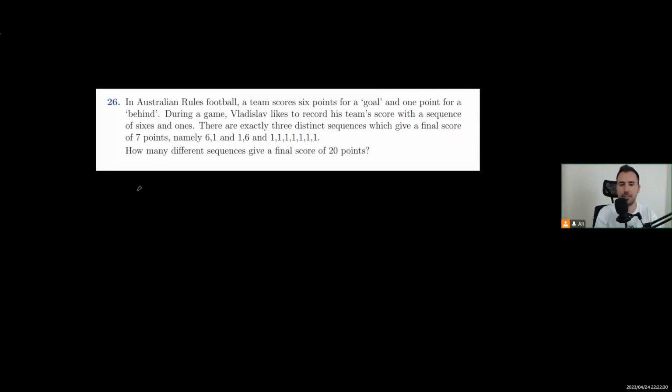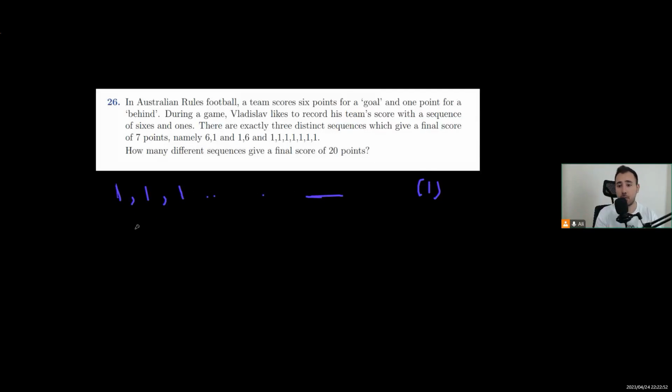Okay, this one is, I think, rather easy. So what if all of these are behinds? To get a score of 20, we could have 1, 1, and all of them 1, and it will be just one possibility. Okay, we have one possibility of having this.